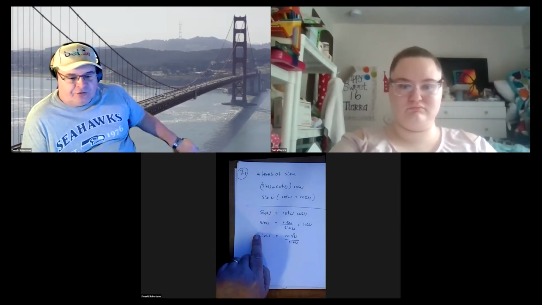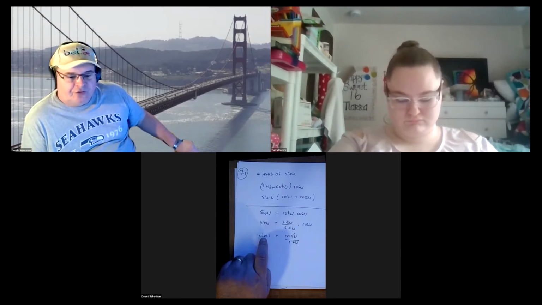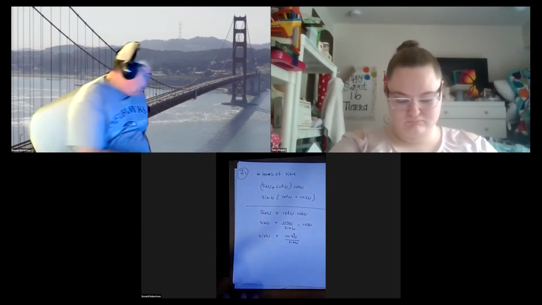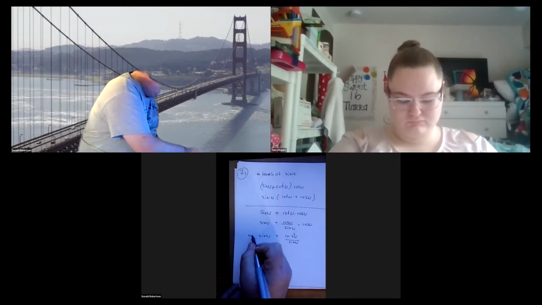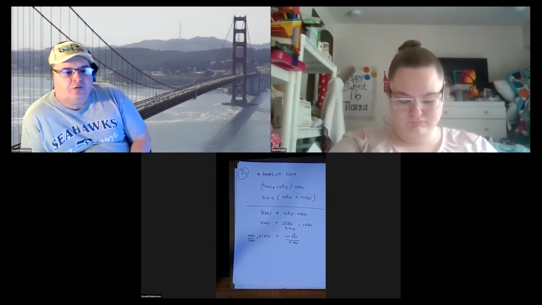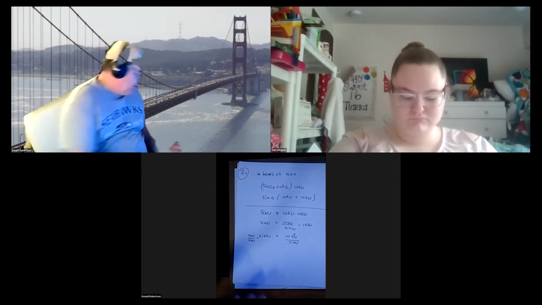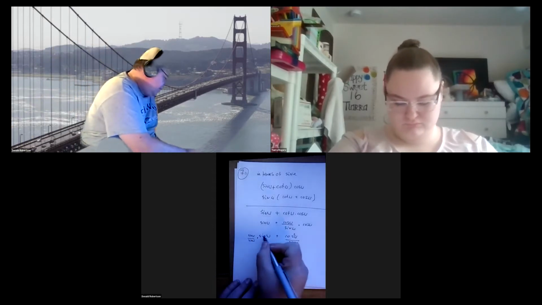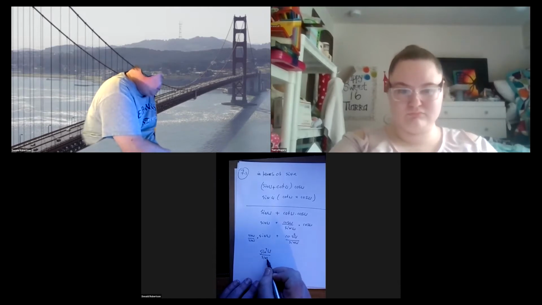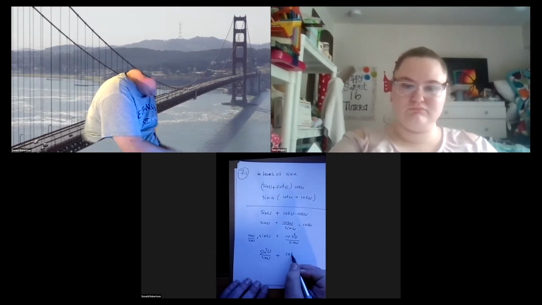So I want these two things to be joined together, which means I'm going to have to turn this sine u into a fraction that has a denominator of sine u. So the way I'm going to get that is by multiplying it by the special version of 1, sine u on the top over sine u on the bottom. Now what that gets me is sine times sine is sine squared u over sine u plus cos squared u over sine u.